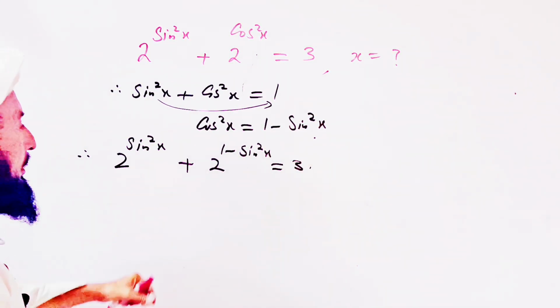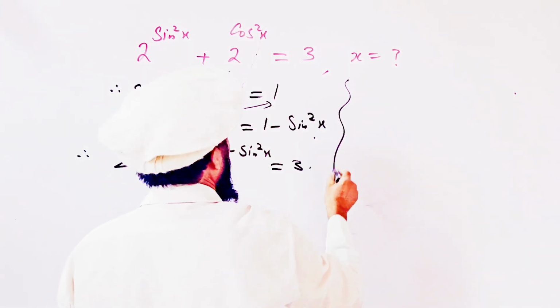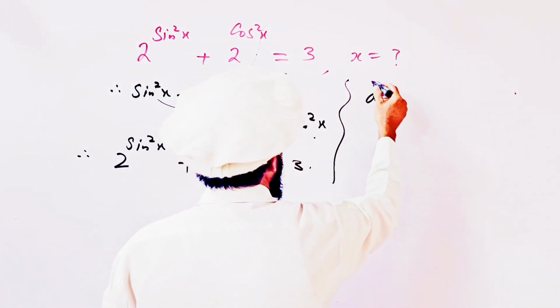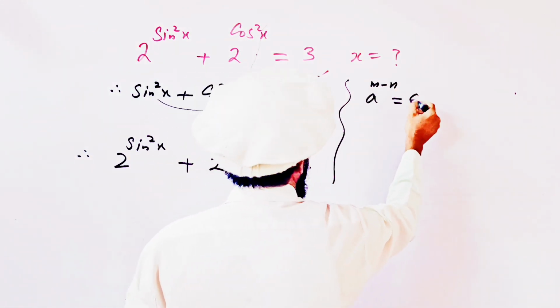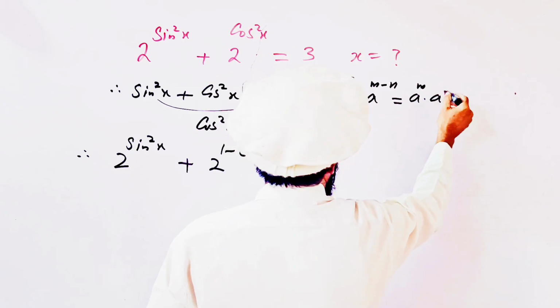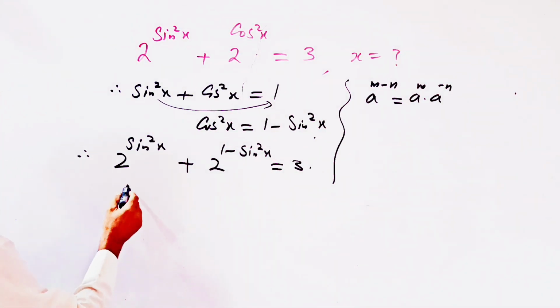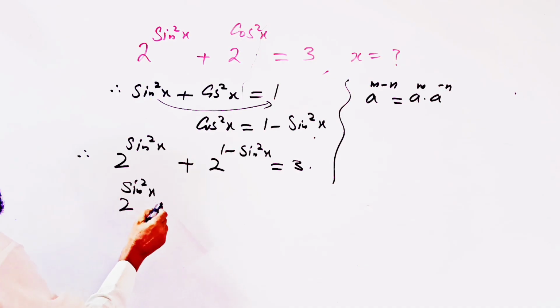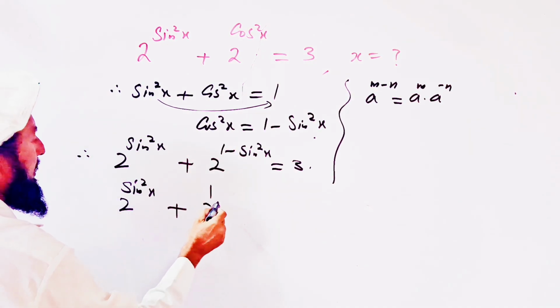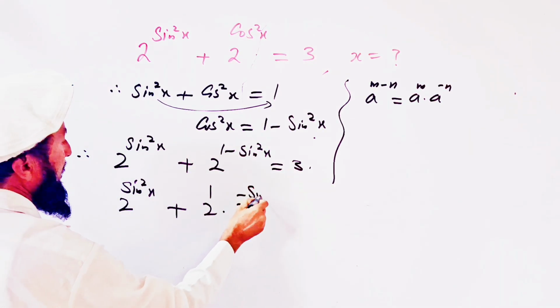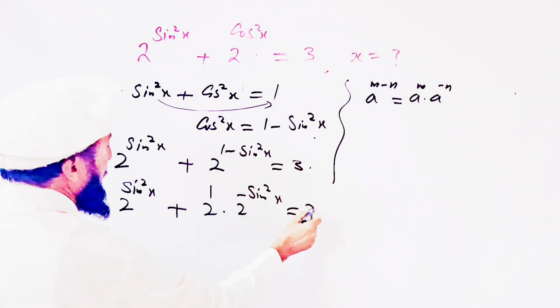Now we are using the exponent property: a exponent of m minus n is equal to a exponent of m and a exponent of minus n. Similarly, we can write this result as 2 exponent of sine square x plus 2 exponent of 1 and 2 exponent of minus sine square x is equal to 3.